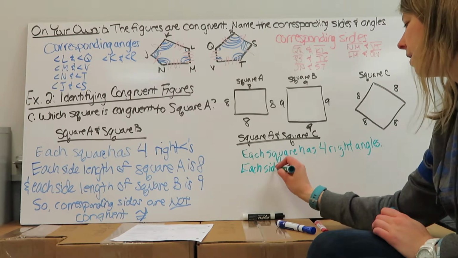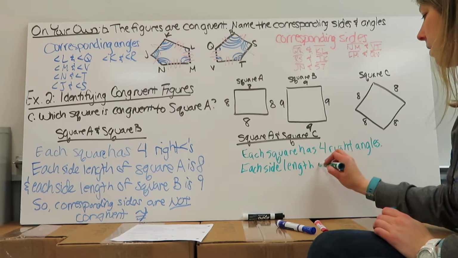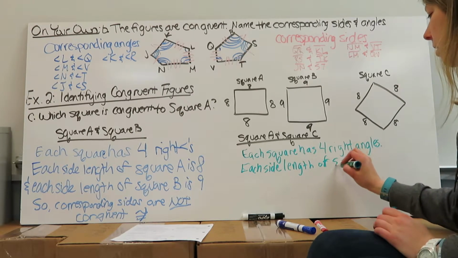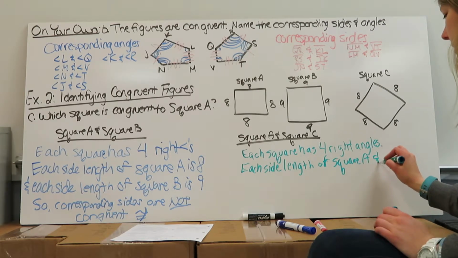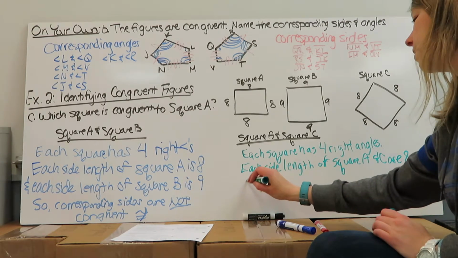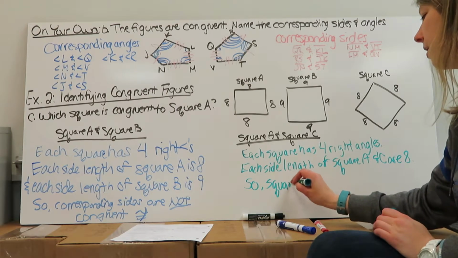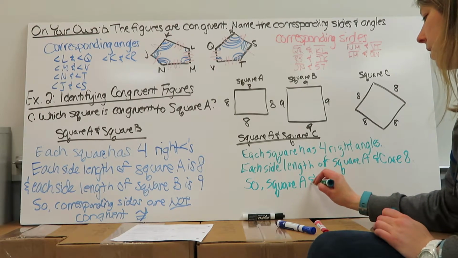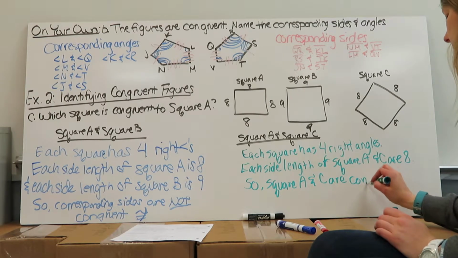Each side length of square A and C are 8. So this means that square A and C are congruent.